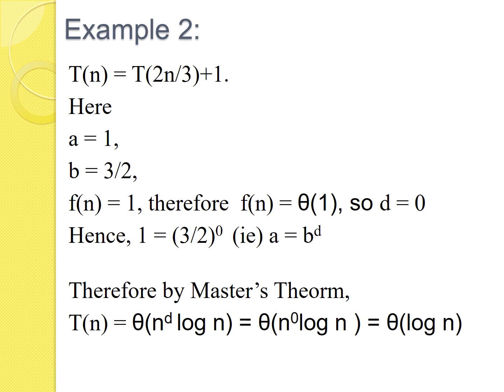From the recurrence relation, it could be deduced that a equals 1, b equals 3 by 2, and d equals 0. Applying the Master's theorem for the case a equals b power d, we get the time complexity of the recursive algorithm represented by T of n as theta of log n.